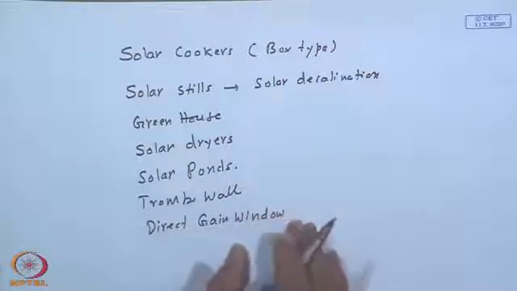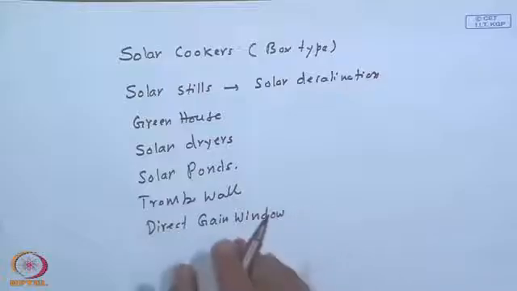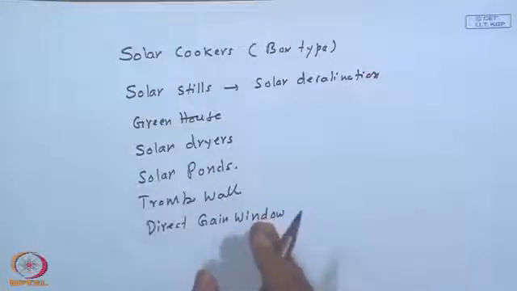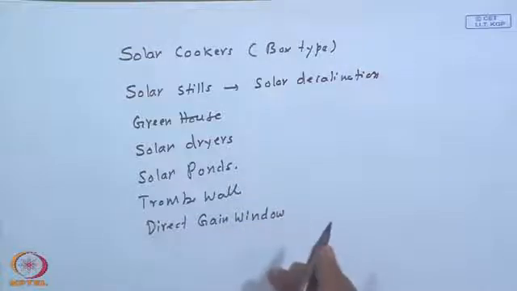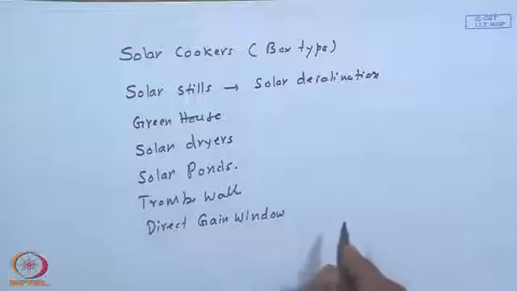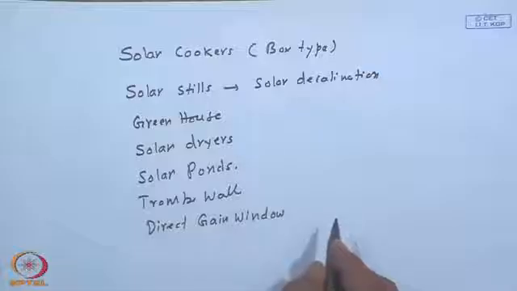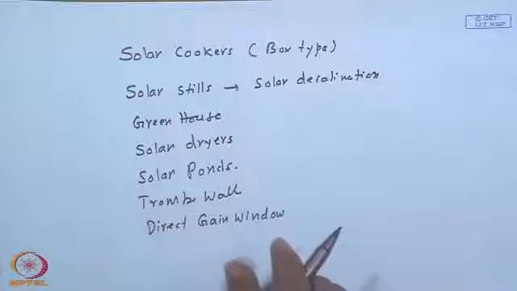Any window facing south can be a direct gain window, or even east or west. It will work in the afternoons or in the mornings, allowing the sun to enter, and the window glass being transparent to solar radiation and non-transparent to the re-radiated infrared long wave radiation, the energy is trapped in the room. So, that is a direct gain window.